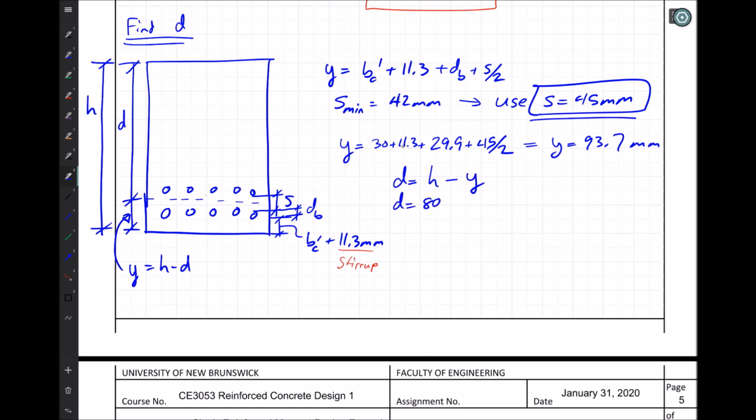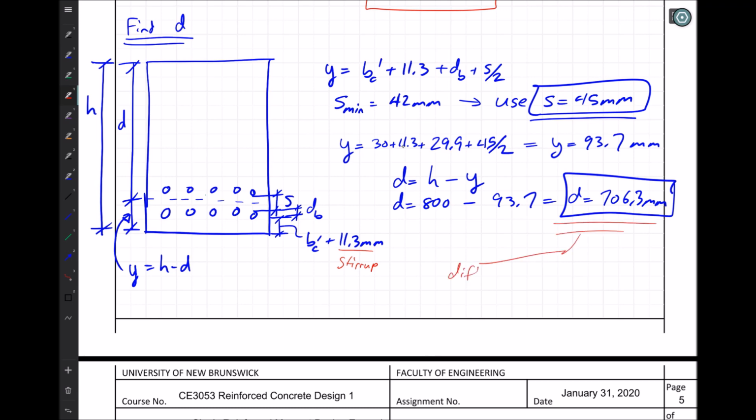D is equal to 800 minus Y, 93.7, which is equal to D of 706.3 millimeters. Now let's note that this is different than D is equal to 725 that we have assumed to date.